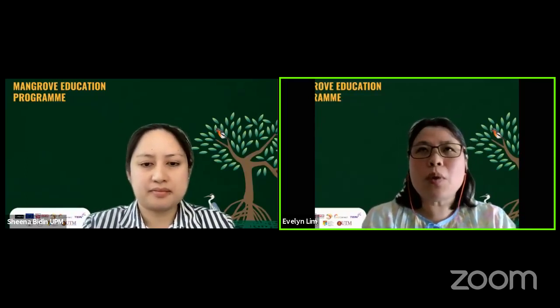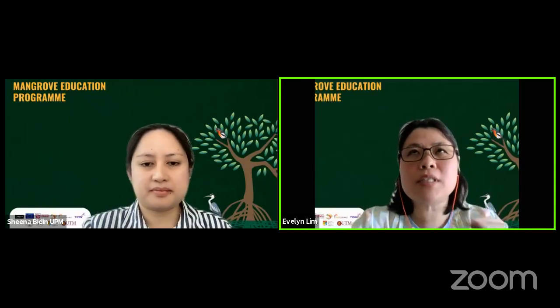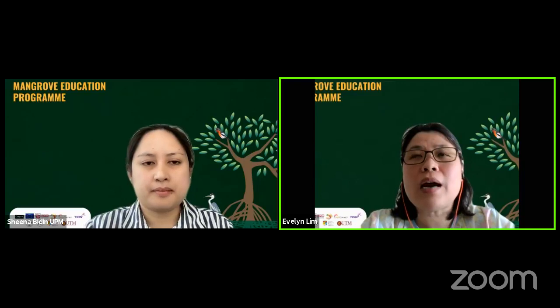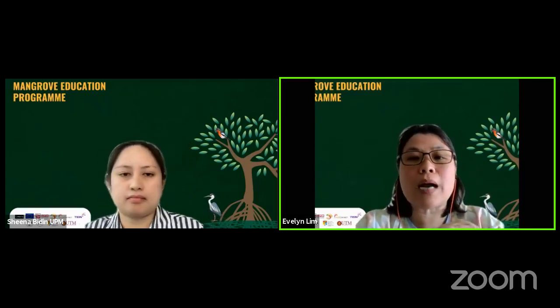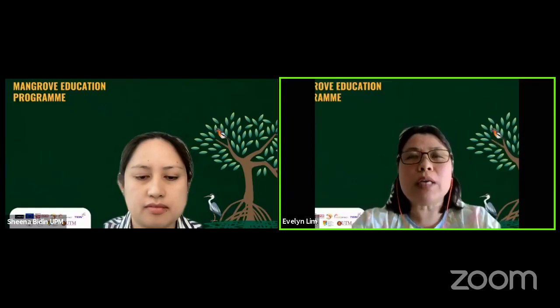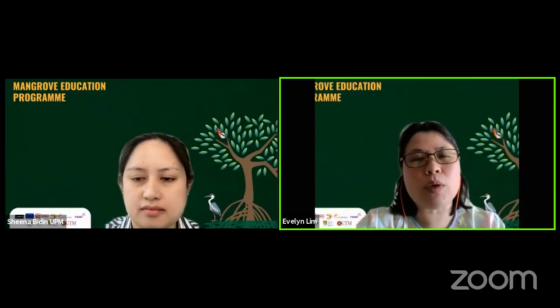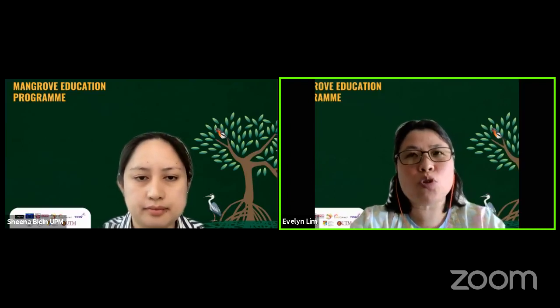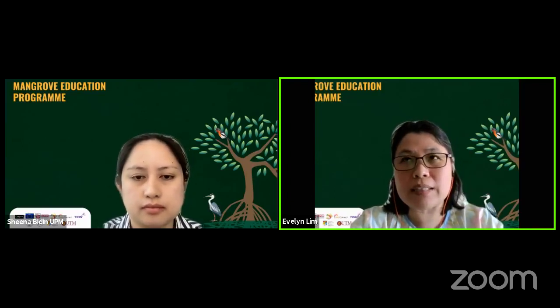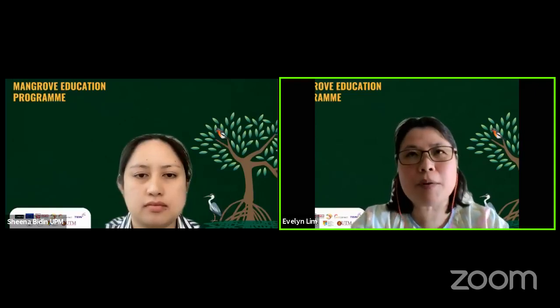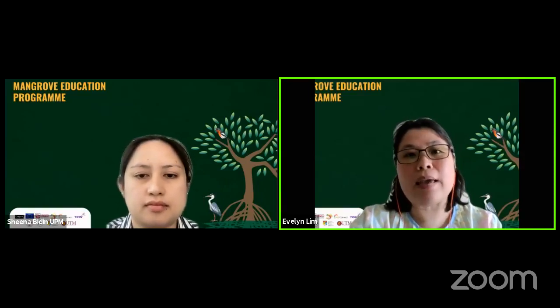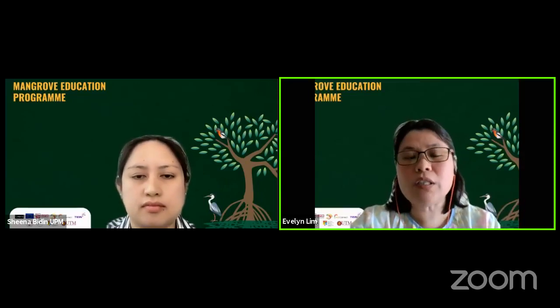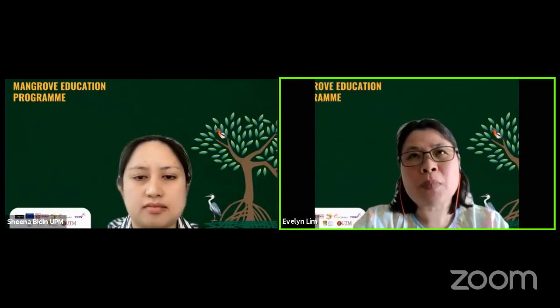What is evident is that if sea level rises, there will be higher chances of salt water coming into the mangroves. Some of the mangroves are less tolerant to salt, and if they are exposed to higher salinity than they can tolerate, that would affect the species. And it will also change the composition of the mangroves in that area.